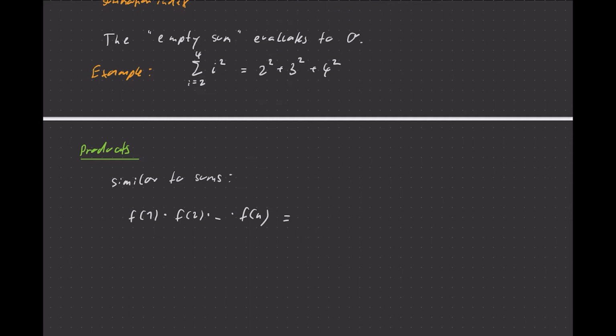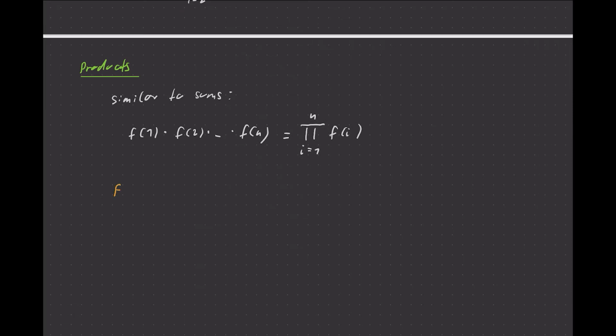This can be abbreviated as, what we do here is we use a capital pi, and the same notation. There's an index, lower bound below that capital pi, upper bound above that capital pi, f of i.